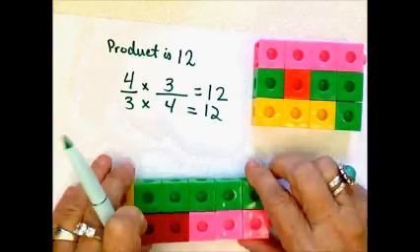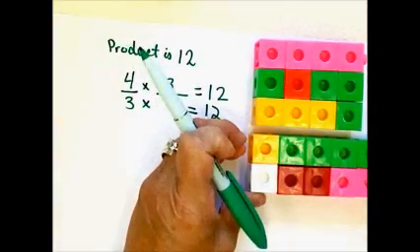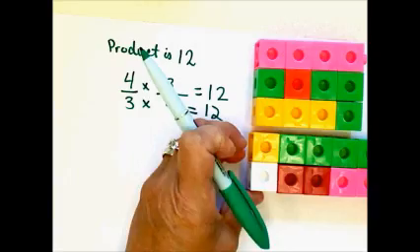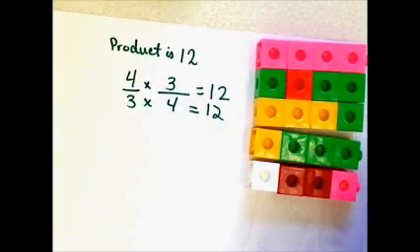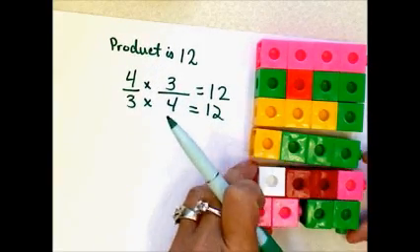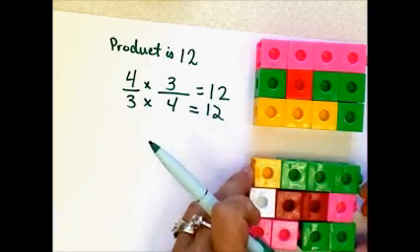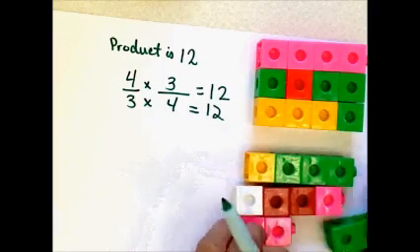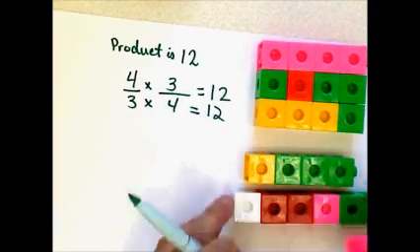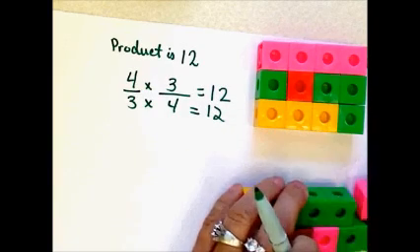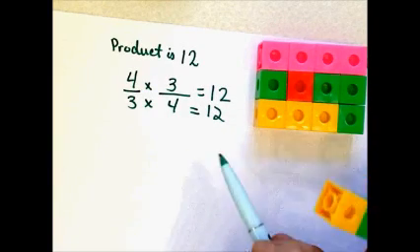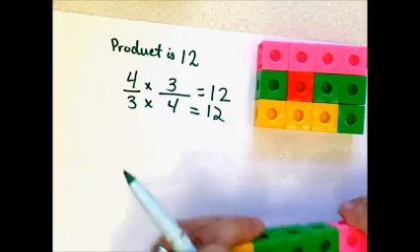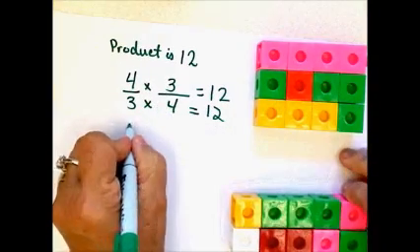See, exactly the same number. Because if I pulled this apart and laid it like this, these 3 would look exactly like that. So another set of factors of the number 12 are 2 times 6 and 6 times 2.